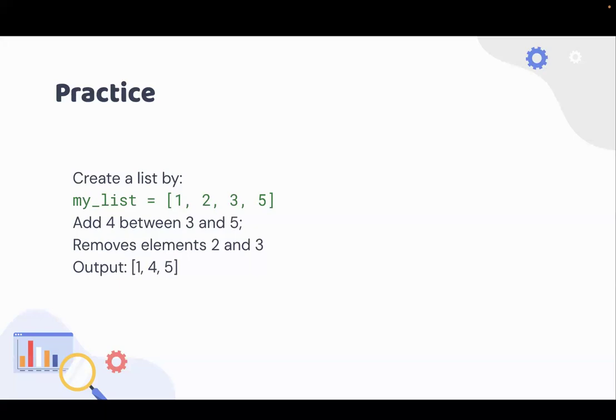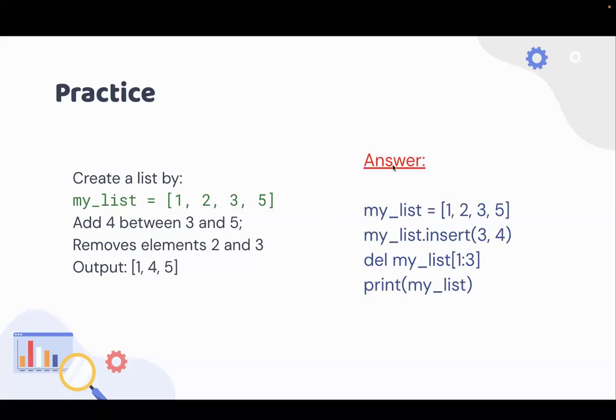All right, I've seen a lot of correct answers. So the answer here would be declaring my list and insert 3, 4. So basically inserting 4 into index 3, which is 0, 1, 2, 3. 4 here and 5 over here. And if you want to use one line, you can just use del my list from 1 to 3, I think.